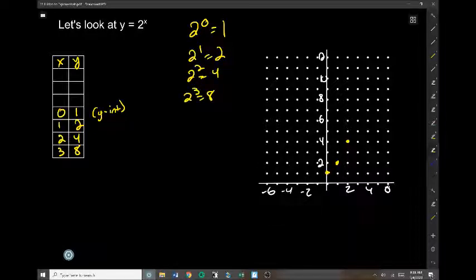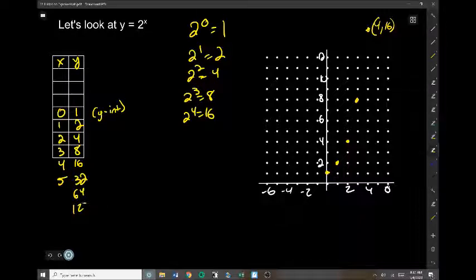Now we're almost getting so big that I can't graph anymore. 2 to the fourth is 16, and 2 to the fifth is 32. 16 I can pretend I can fit on here. Let's just say this is the point 4, 16. But then it goes to 32 and 64 and 128 and 256 and 512 and 1024 and 2048, and it just keeps doubling over and over.